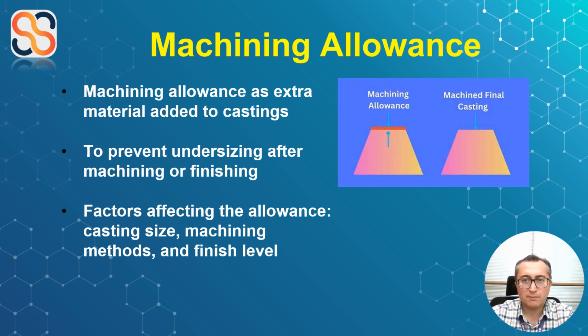The amount of machining allowance depends on a few factors: the size of the casting, the specific machining techniques used, and the desired quality of the finish. Typically, it ranges between 3 to 18 millimeters. This allowance makes sure that there is enough material on the casting so that after machining, the final dimensions are precise and meet specifications.